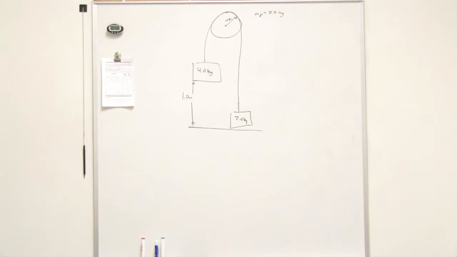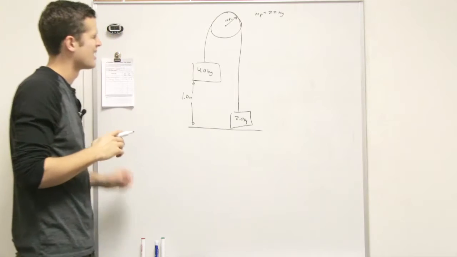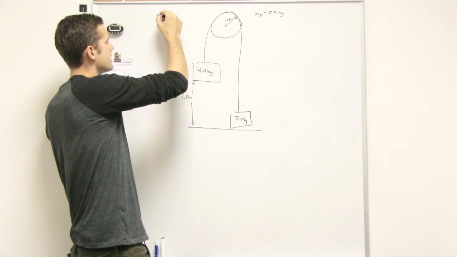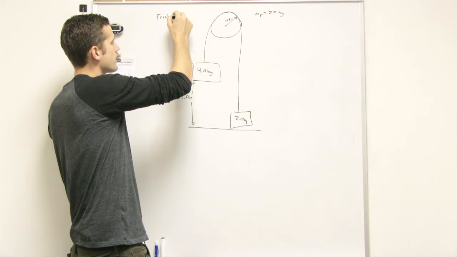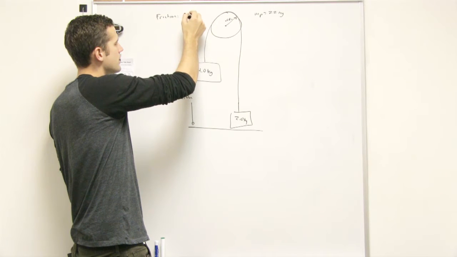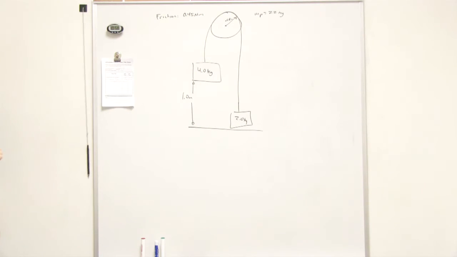Oh, and the friction is 0.45. So friction exerts a torque, right? Yeah, 0.45 newton meters at the axle. All right.